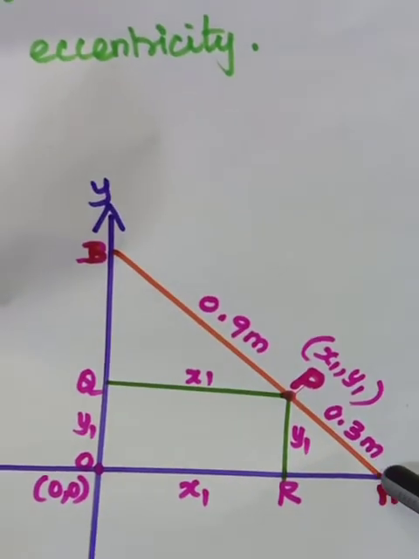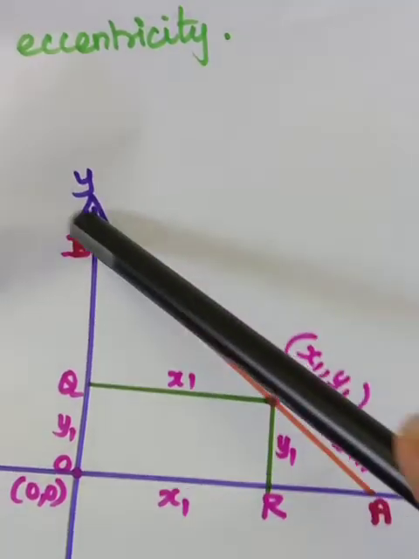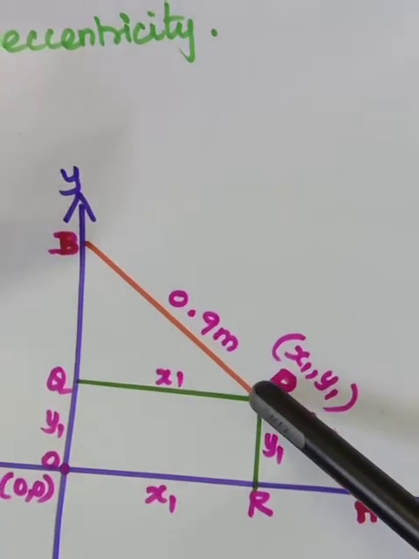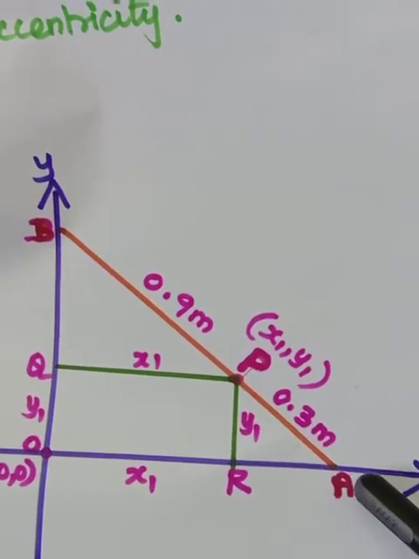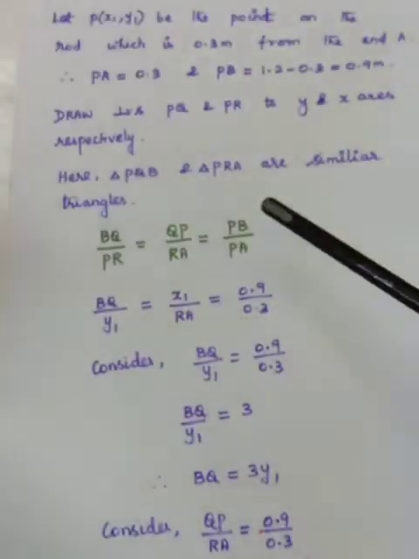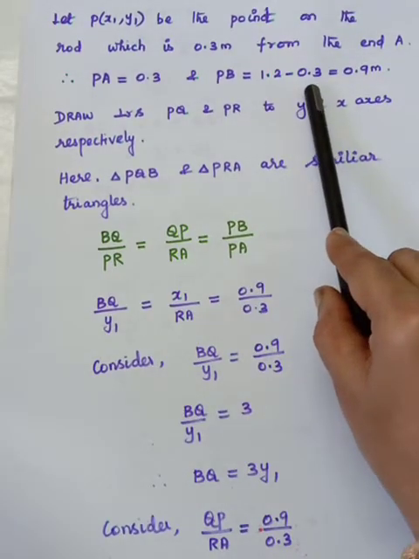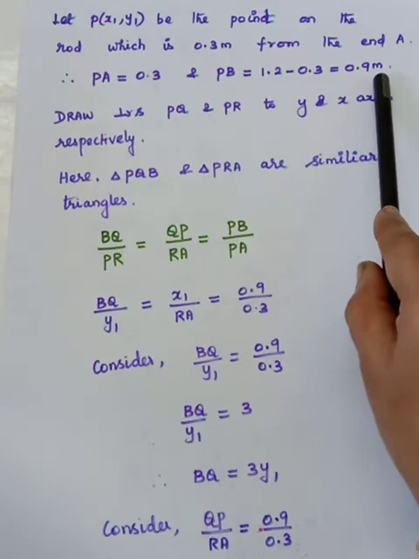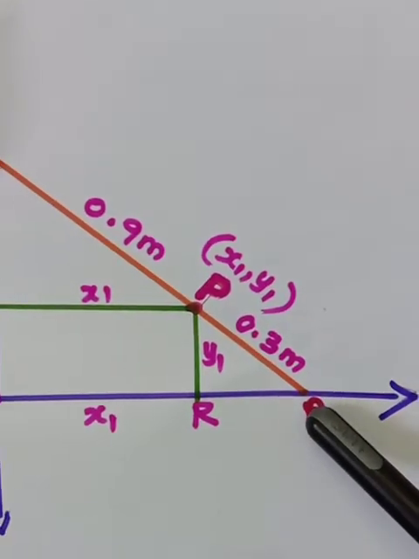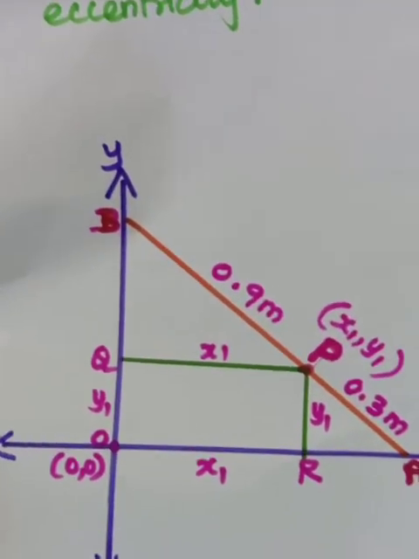The total length AB is 1.2 meters. From 1.2, if you subtract PA, that is 0.3, you get 0.9 meter. So PA is 0.3 meter means PB is 0.9 meter.